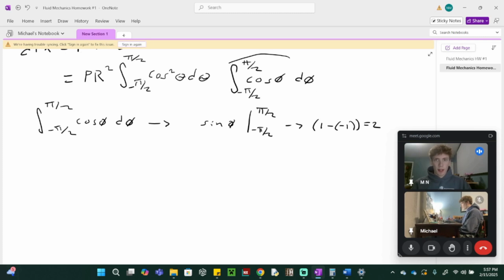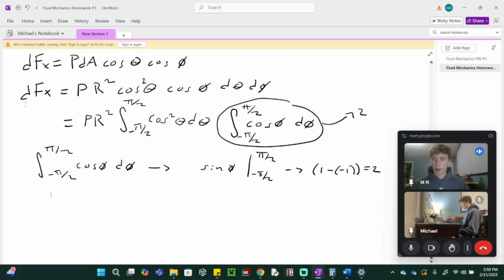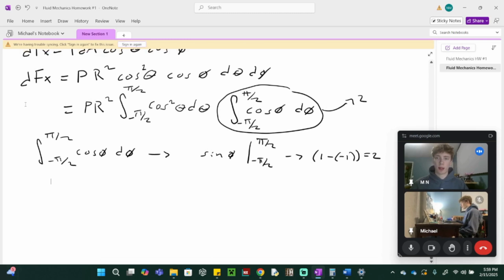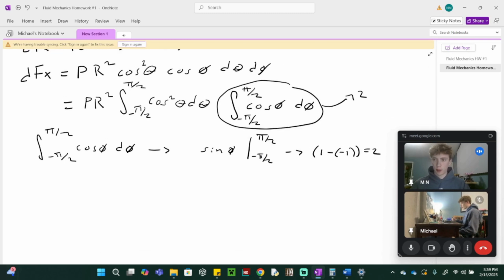So this ends up going to 2. Okay, so the next integral we have to do is our cosine squared theta d theta. So let's write it out.